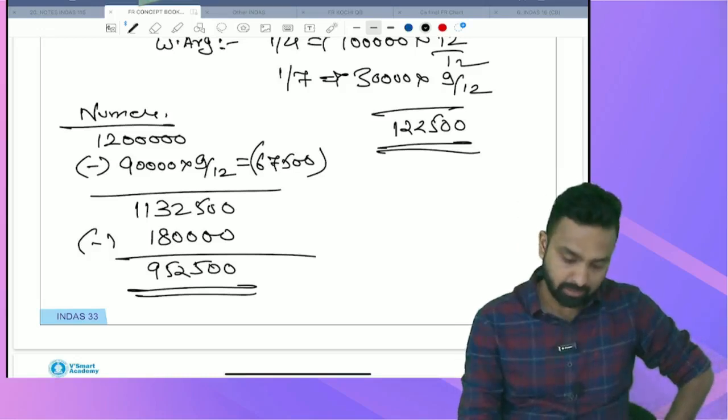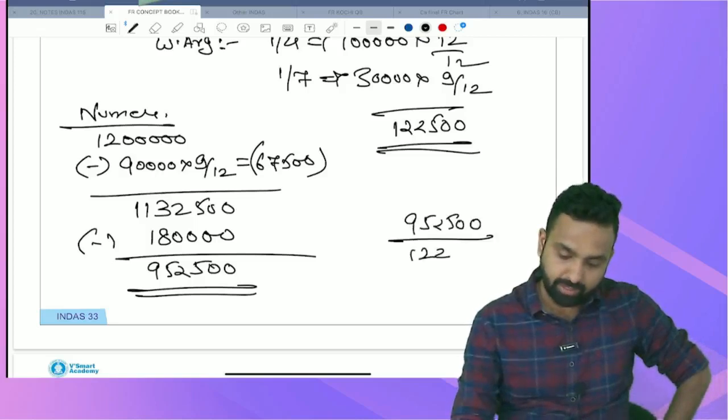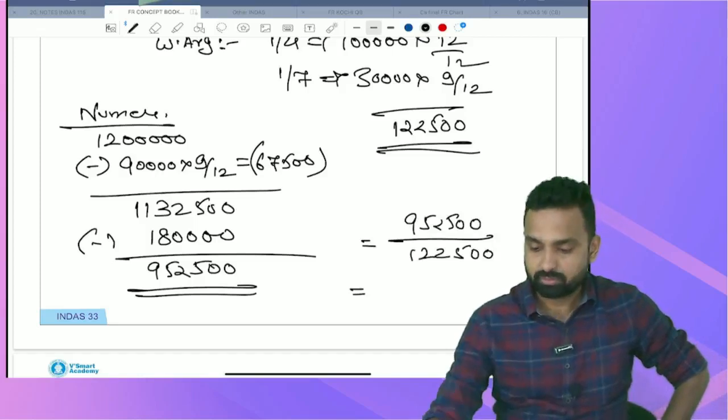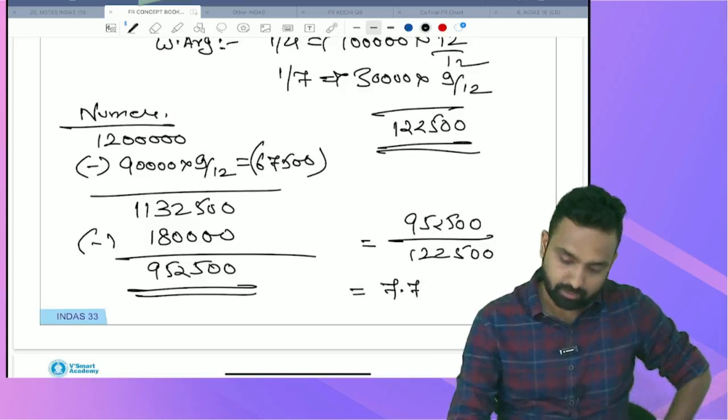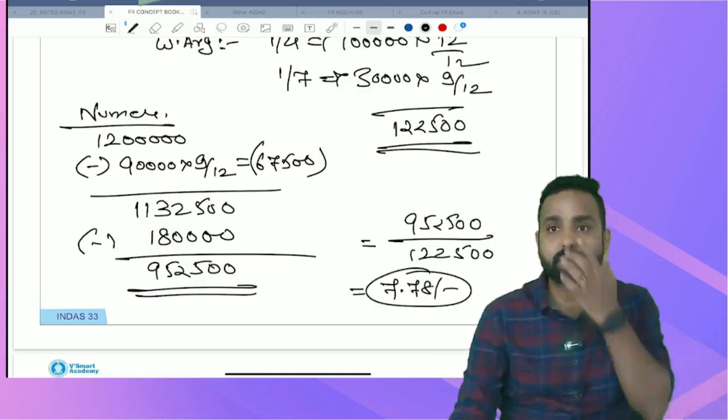Now 952,500 divided by 122,500. What is the EPS? 7.78.